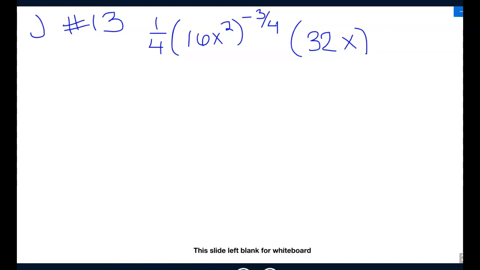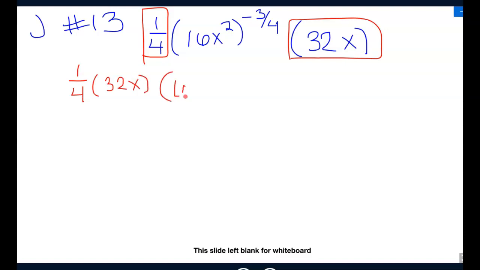I can rearrange this problem so that I can group 32x and 1/4. The reason I want to do that is because 32 divides by 4. It's 8. So I've now simplified the outside.